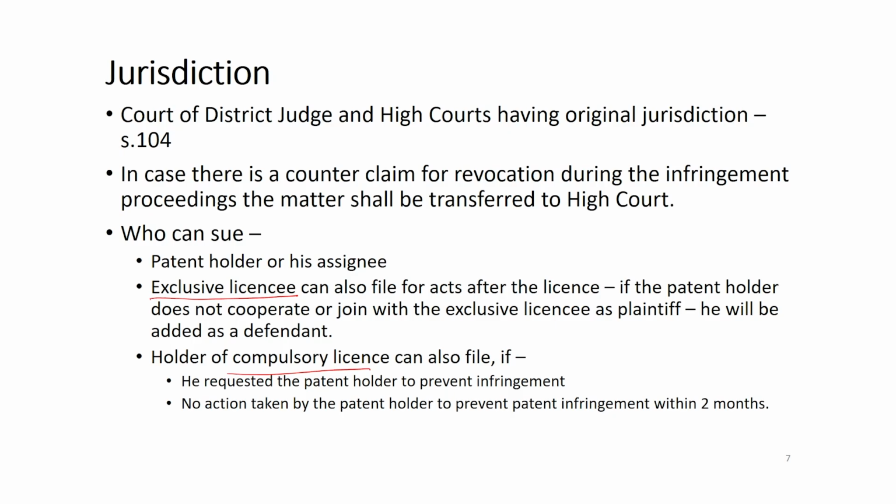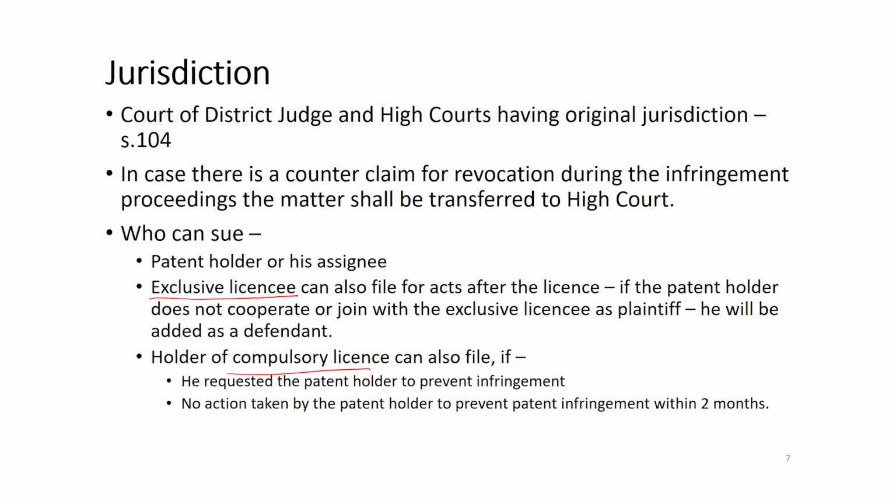If the patent holder does not cooperate, you see, I have given you the exclusive license, and a third party is disturbing you, committing infringement. And suppose I am not cooperating with you, or I am not joining you as plaintiff, then in that case, I will be added as one of the defendants. If the owner is not helping the licensee, he is actually helping the infringer.